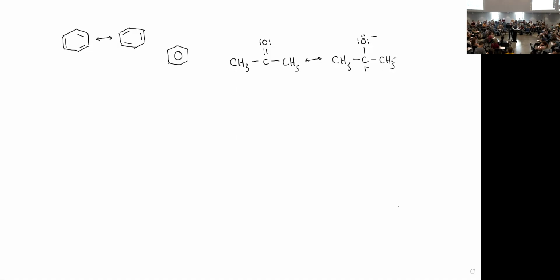It's because of the presence of a little bit of this character in the overall structure of acetone that explains why acetone and other ketones do what they do in terms of their chemistry, which we will ultimately get to. We've got a chapter on ketones and aldehydes, and we'll cover what sorts of reactions they undergo.